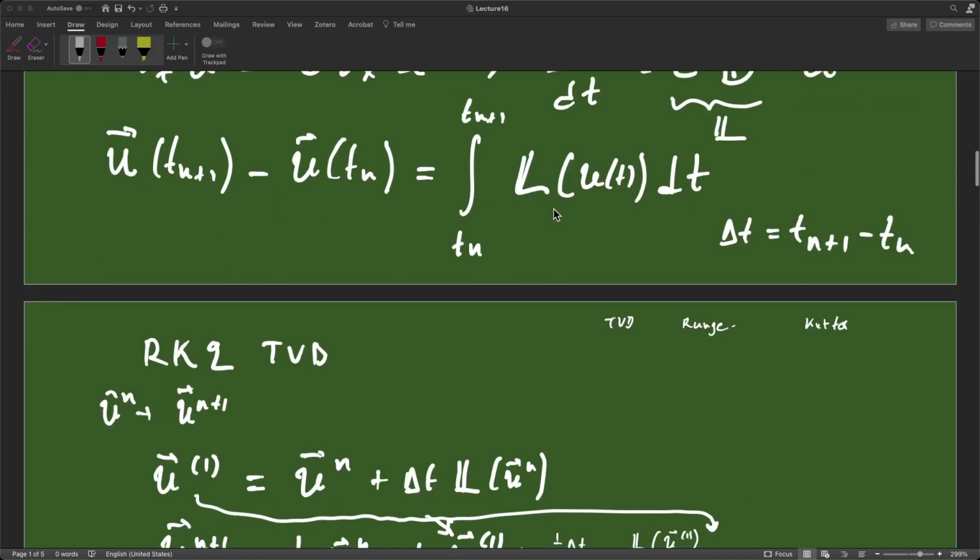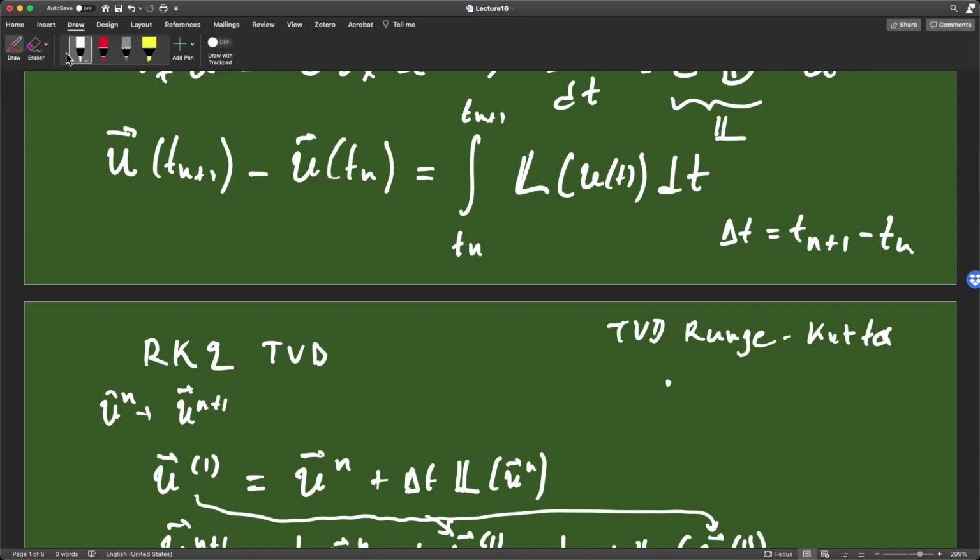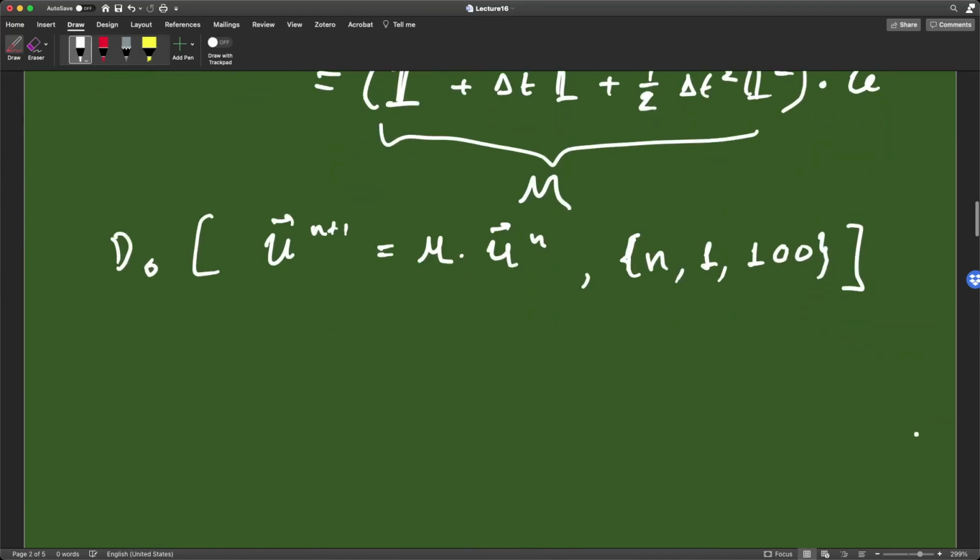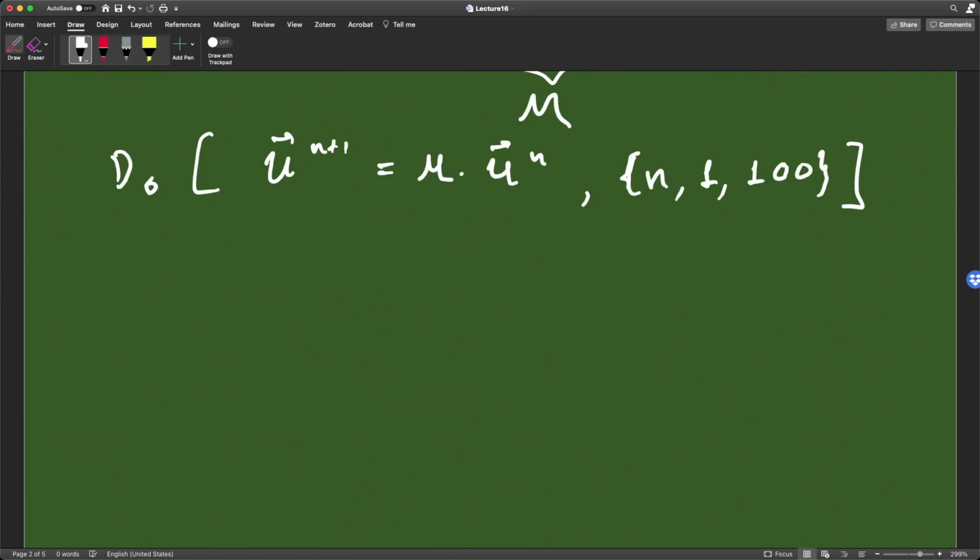The paper is by Gottlieb and Shu. So let's consider RK3 TVD, total variation diminishing.